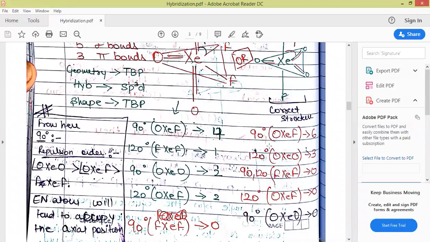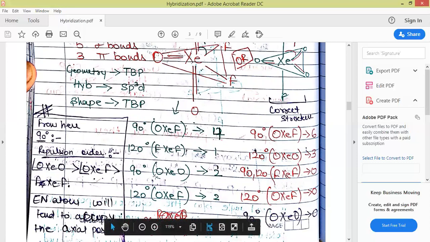While in this case, the number of OXeF angles is 6. As we all know that fluorine is more electronegative, so the number of angles including fluorine would be more preferable than the number of angles having oxygens.